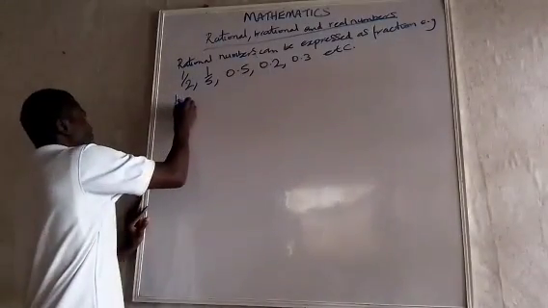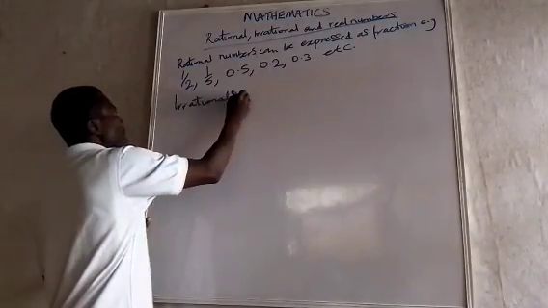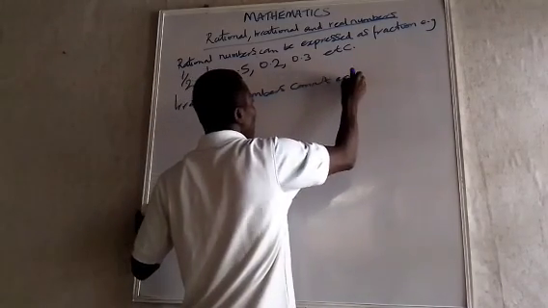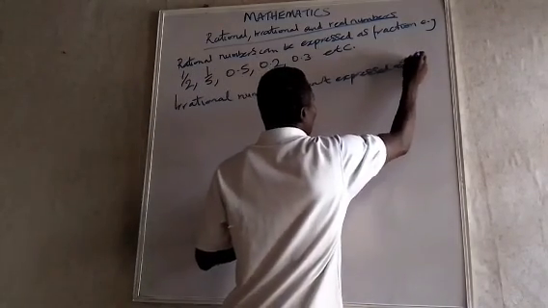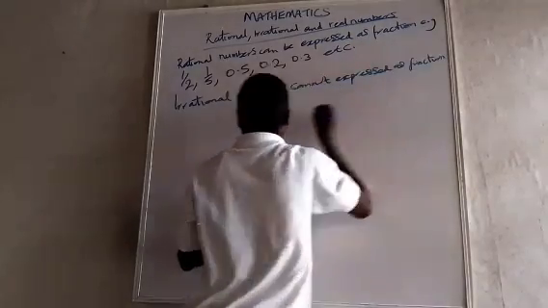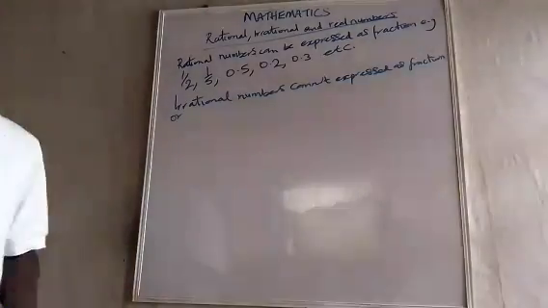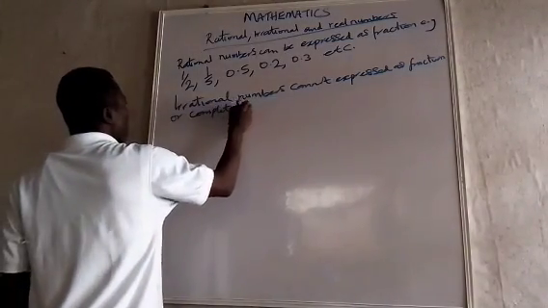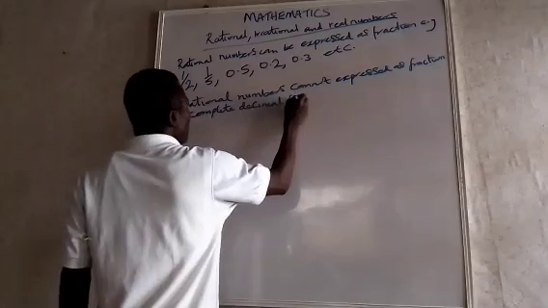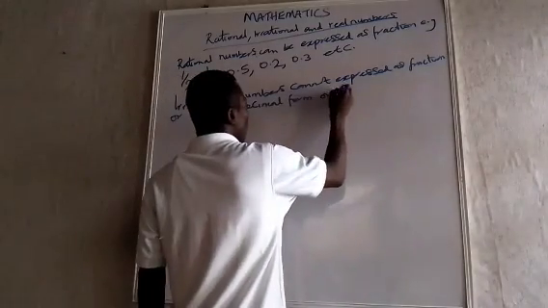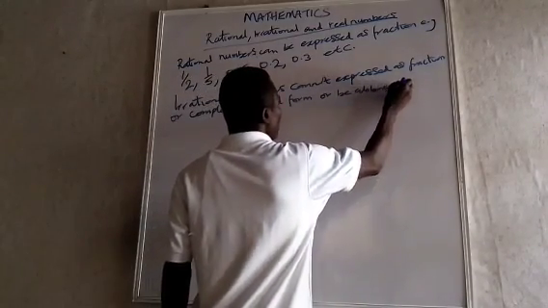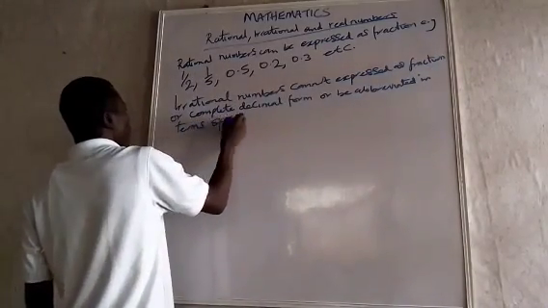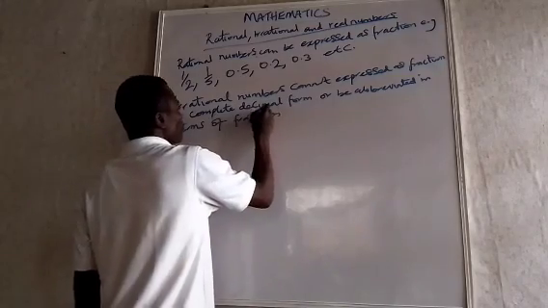So irrational numbers cannot be expressed as a fraction or complete decimal form, or be abbreviated in terms of fraction or decimal.